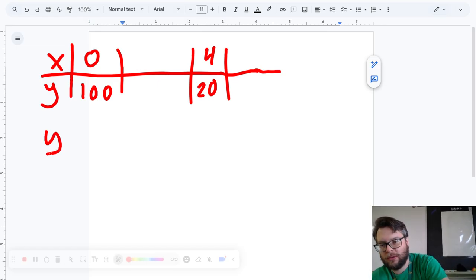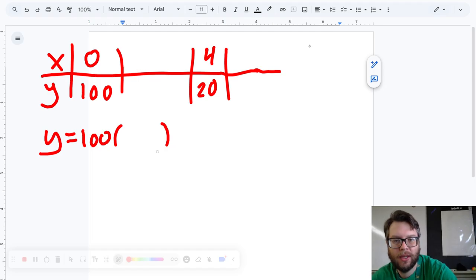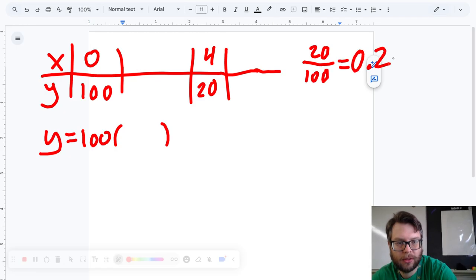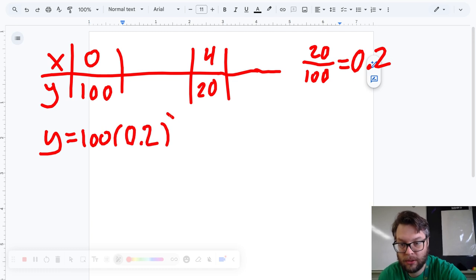So I know that my equation starts at 100, and then I also know what my multiplier is. If I take my second y value and divide it by my first y value, I get 0.2, okay? And so there's two different ways I can write this equation. I can say that it's 0.2 raised to the x over 4.